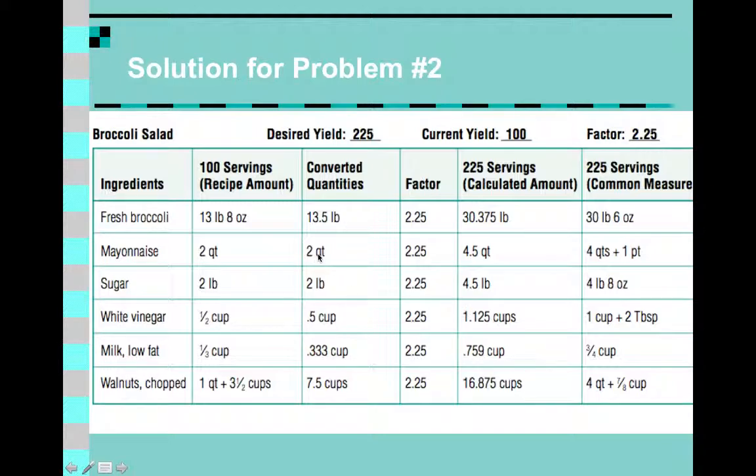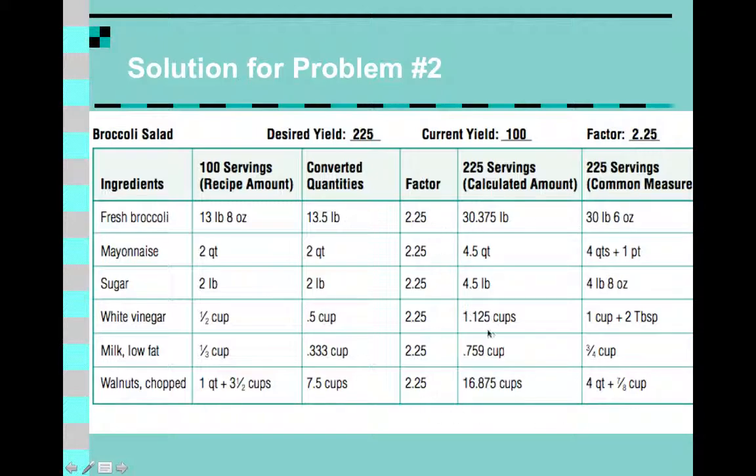And then all we're doing is taking the 2 quarts times 2.25 equals 4.5 quarts. And then to express it as a common measure, a recipe wouldn't say 4.5 quarts, it would likely say 4 quarts, 1 pint. So we may have only needed 2 quarts of mayonnaise to make 100 servings, but now we're going to need 4 quarts and 1 pint to make 225 servings.